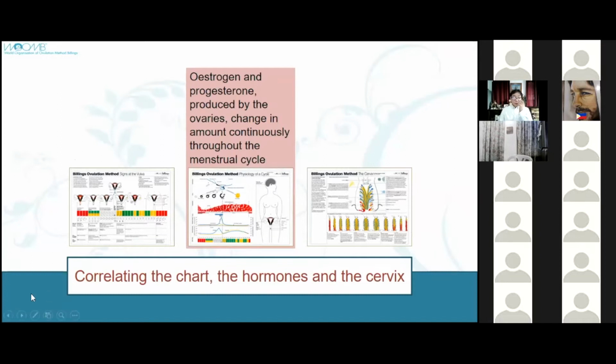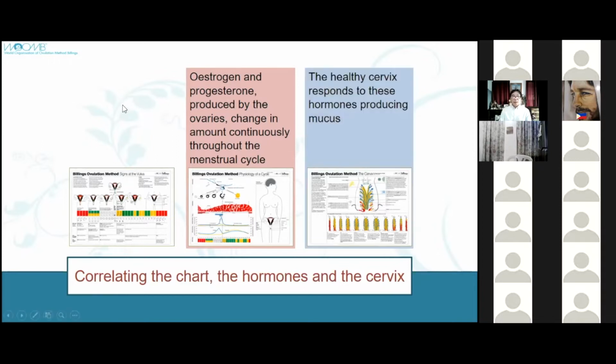So let me start. Estrogen and progesterone are produced by the ovaries. That is why these two are known to be ovarian hormones. They change in amount continuously throughout the menstrual cycle. And then the healthy cervix responds to these hormones, producing mucus.